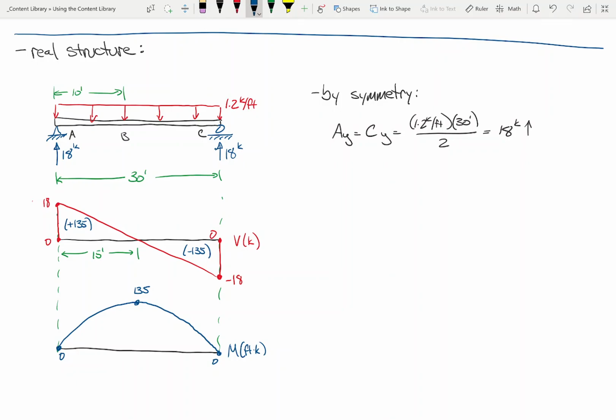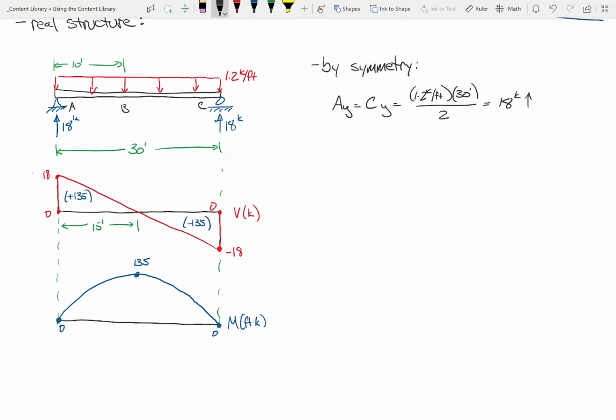Okay. So with that being said, now what we're going to do is we're going to cut a section. And I'll just put the section cut right here. Section 1-1.